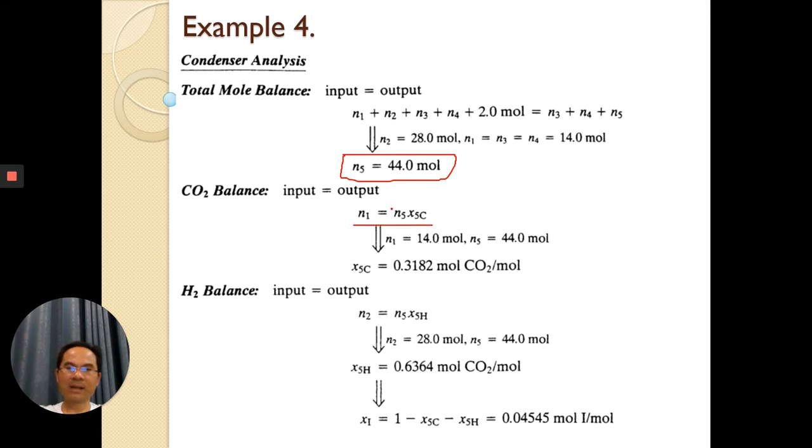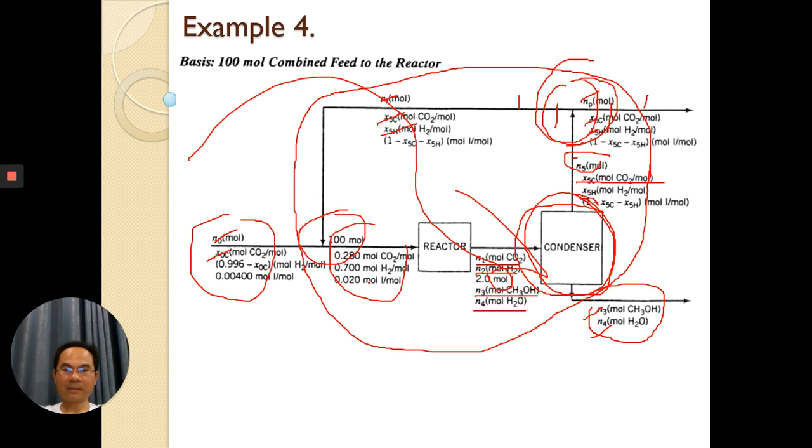N1 equals N5 times x_C. You know N1 and N5, so you solve for x_C. And then you balance on hydrogen around the condenser. There is no reaction in the condenser, so input equals output, with no generation, no consumption, no accumulation.